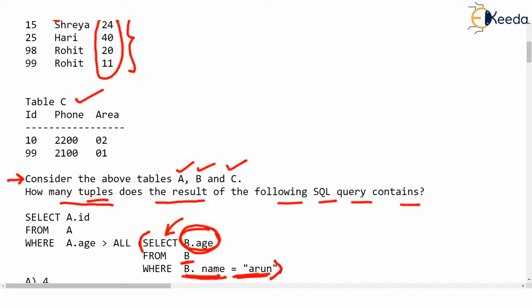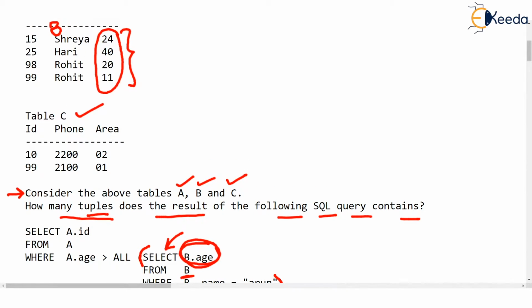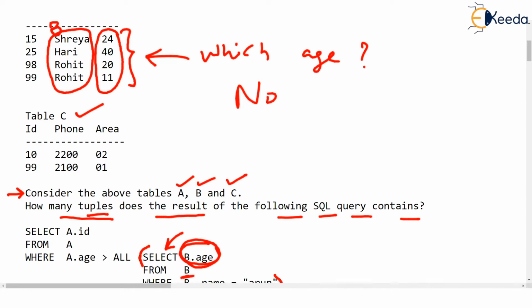Strange. You see that in this table, under the name column, there does not exist Arun. Then which age will be selected? None, because we said select age from B where name is equal to Arun.